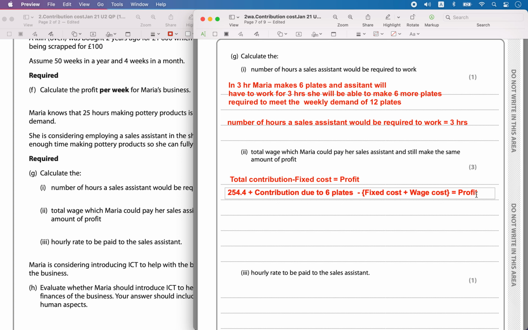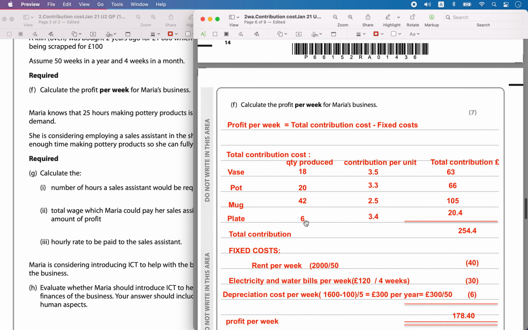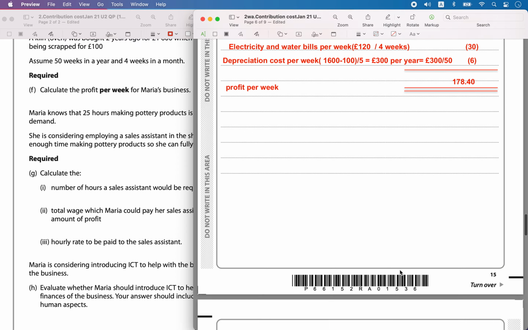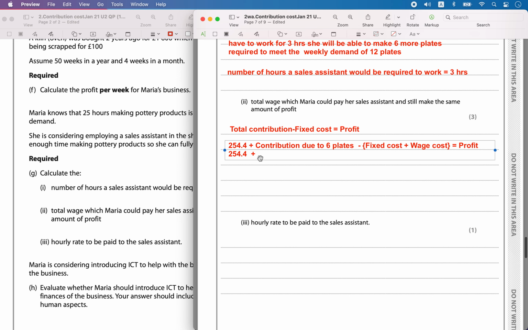So now let's calculate that. So the total contribution was 254.4, and the additional contribution is going to be what, due to the 6 plates. Okay, we already saw that 6 plates is going to bring a contribution of 20.4. So let's write that. So 20.4, if they make 6 plates.